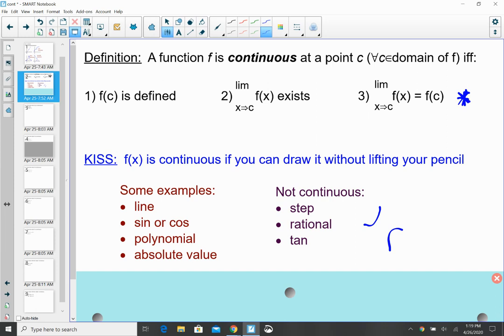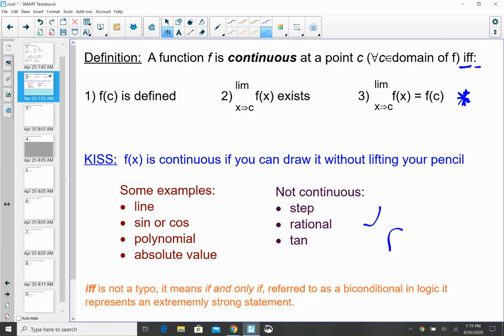Okay, now before I start getting into continuity a little bit more, I want to backtrack for a quick second. I talked about this "iff" with double F, and it's not a typo in any way, shape, or form. What it means is "if and only if." It's referred to as a biconditional in logic, and it represents an extremely strong statement.